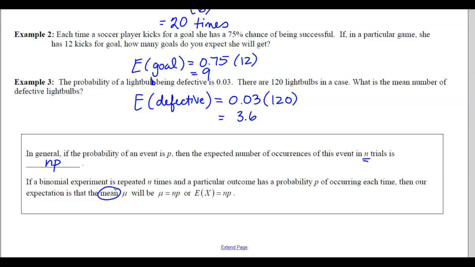It's on average how many times it will occur out of 120 or out of 12 kicks. We use E of X, or sometimes we use mu. So mean and expectation, in this case, mean the same thing.